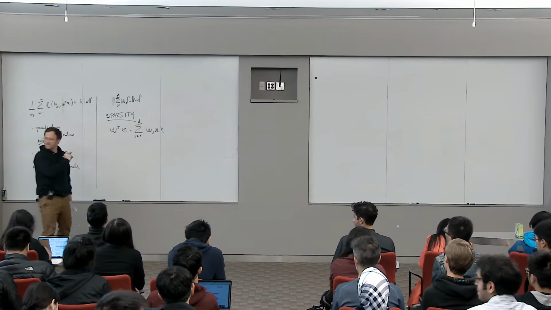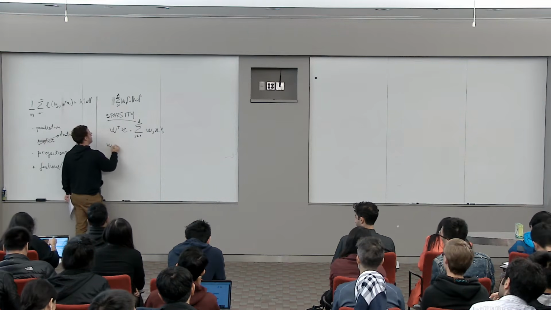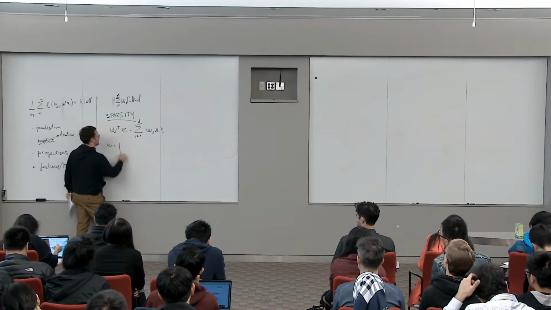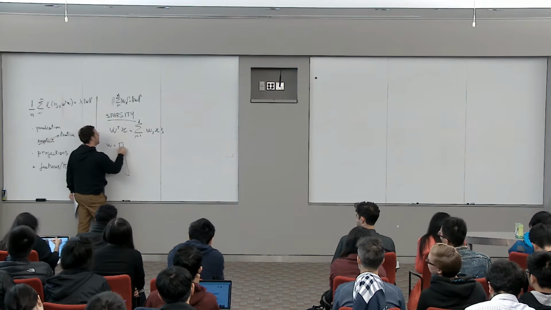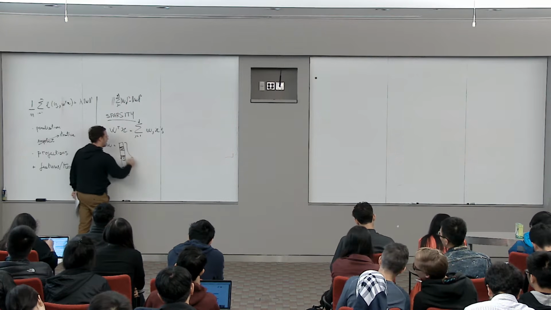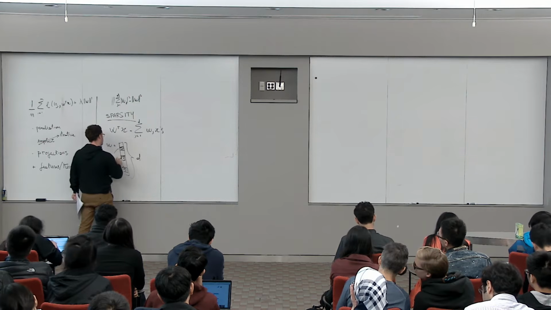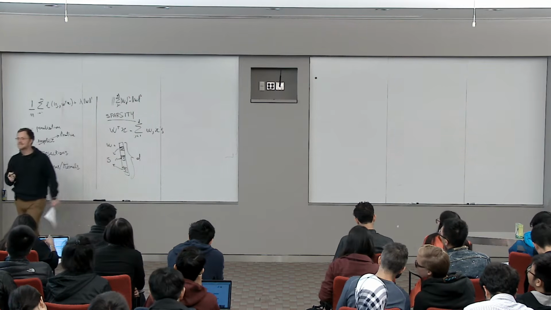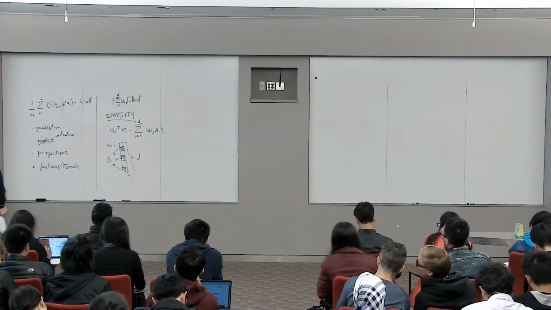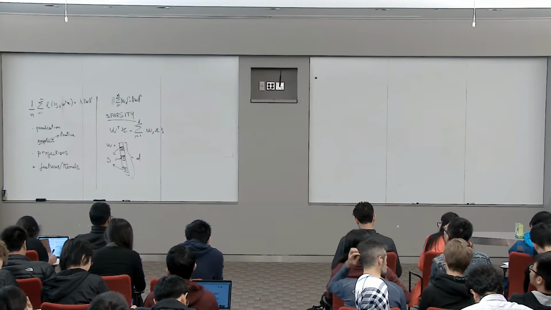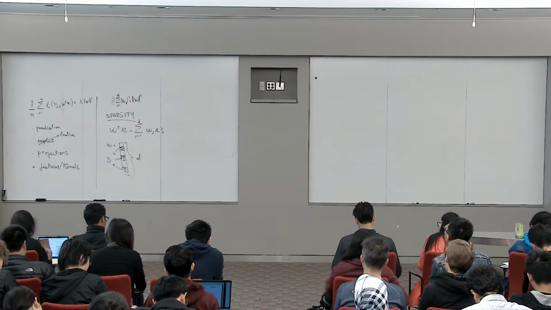Is that clear? So we have a vector W, but we assume that only a few of its entries are different from zero, at most S. Notice that the very important thing here is that we assume it's sparse, but we don't know how sparse it is.